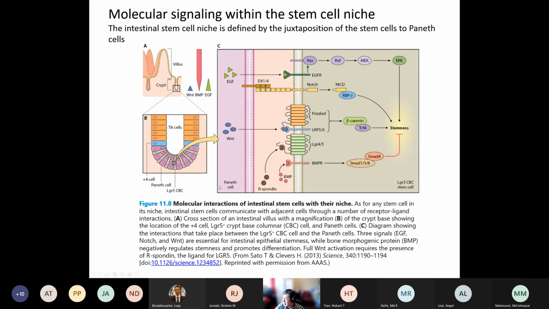And then the Paneth cell will also give rise to R-spondin. R-spondin is a cofactor for the Wnt pathway. So for the Wnt pathway to get completely activated, it needs Wnt, but also a helper that is R-spondin. Then the LGR5 is a part of the receptor.